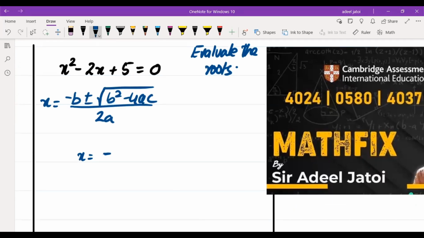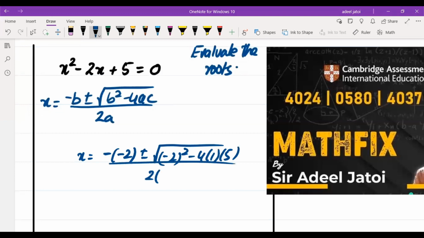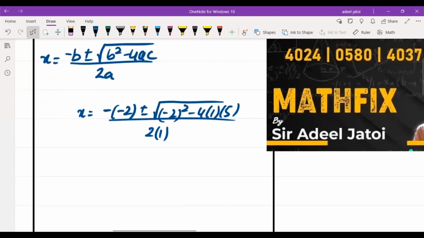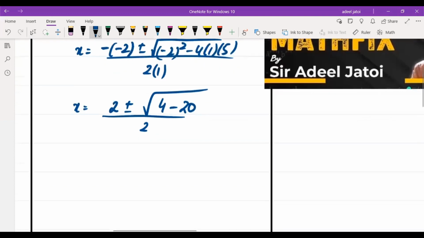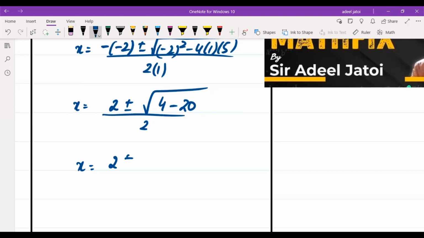So x will be negative of negative 2 plus minus under root negative 2 square minus 4 into 1 into 5, upon 2. A should be 1. So the answer would be 2 plus minus under root 4 minus 4 1s are 4, 4 5s are 20, upon 2. The answer will be 2 plus minus under root negative 16 upon 2.